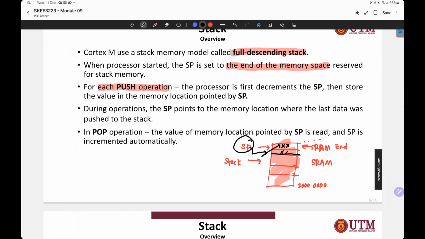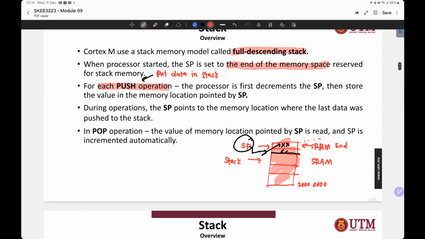Every time you push data, push means that you put data in stack memory. So that's what we call a push operation. Meanwhile, for the pop operation, the value of the memory location pointed to by SP is read.